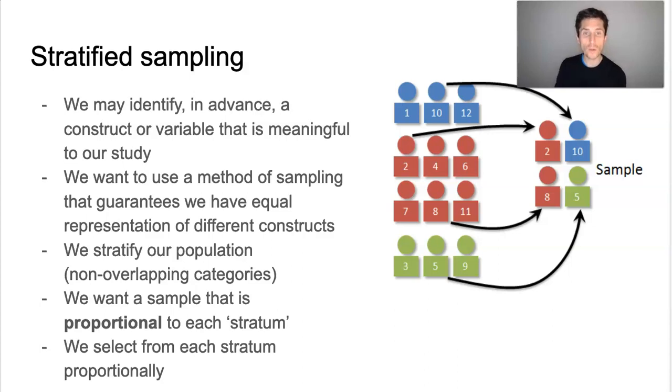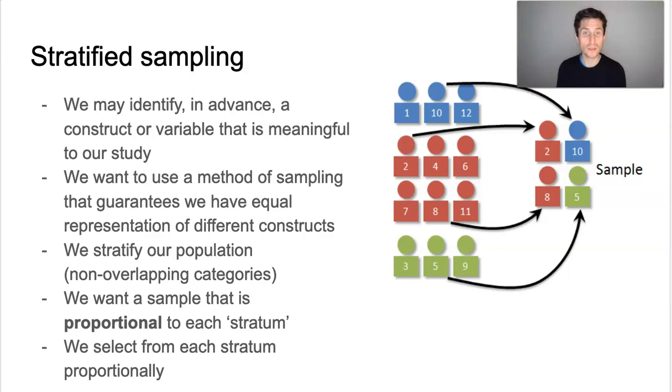So now what we have arranged are strata. 1, 10, and 12 are a strata, 2 through 11 are a strata, and 3, 5, and 9 are another strata. We want to sample from those such that when we assemble a sample, it's proportional to the population. So if we have 3, 6, and 3 as the number in each strata, we're going to sample 1 person from the first strata, 2 from the second strata, and 1 from the third strata.